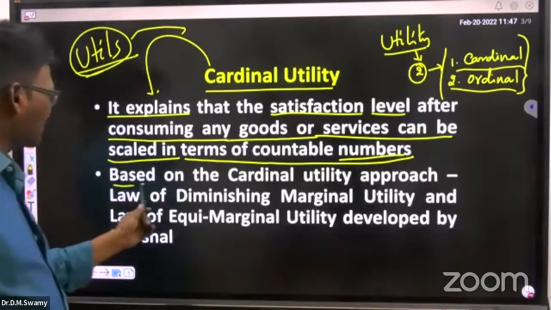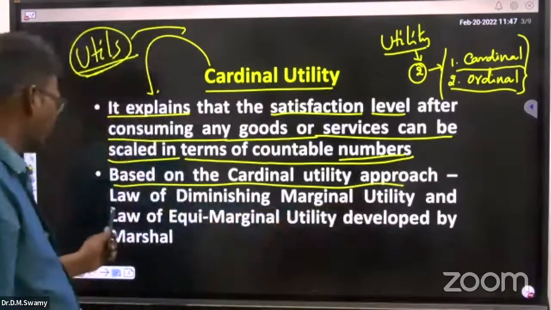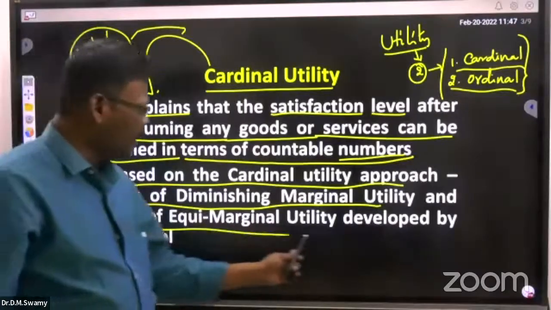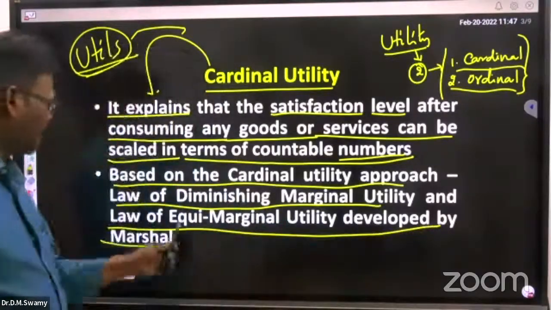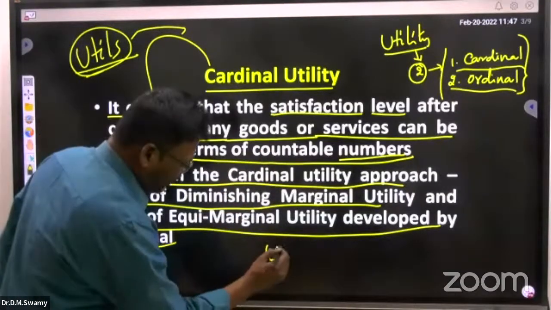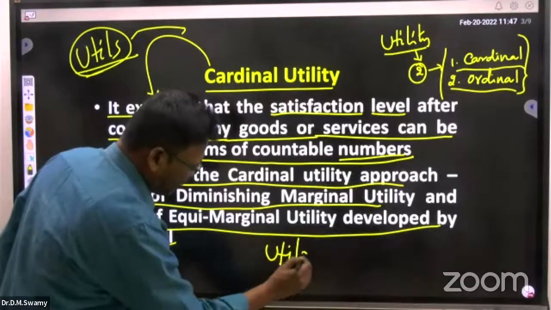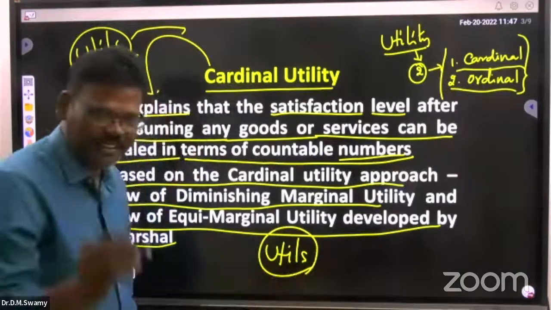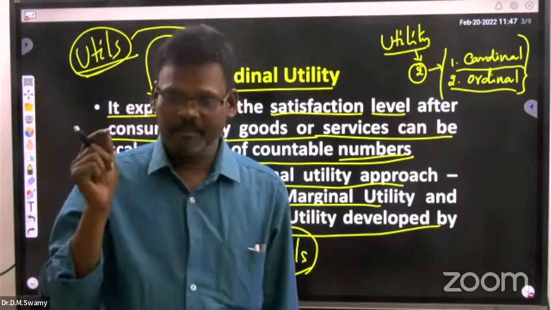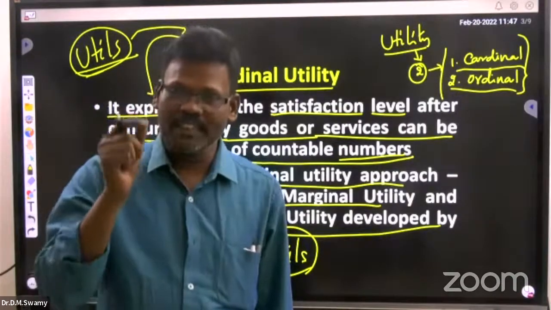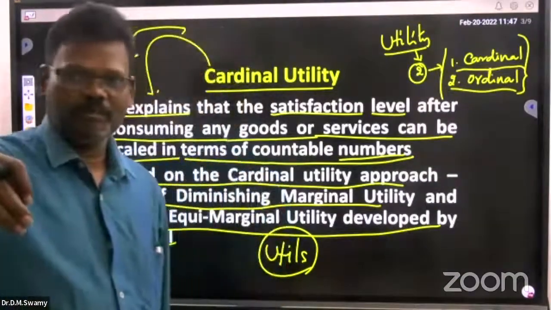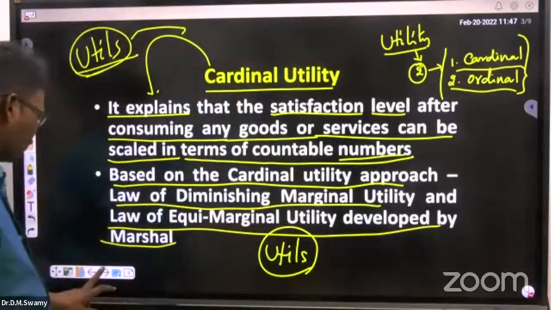Based on the cardinal utility approach, the law of diminishing marginal utility and the law of equimarginal utility were developed by Alfred Marshall. Utils is the name of the measurement to measure utility.